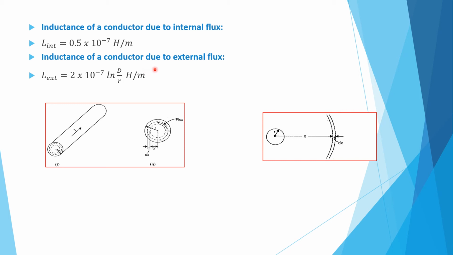It is also found in terms of Henrys per meter, that means it is per unit length, and if the transmission line length is in meter, the formula is multiplied by the length of the transmission line, and that gives us the total inductance.